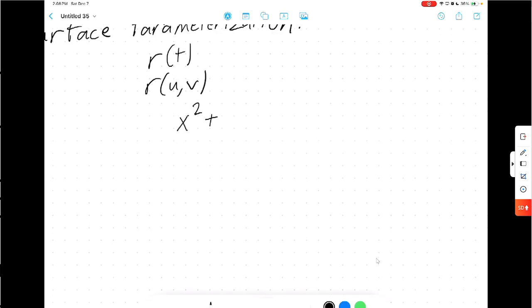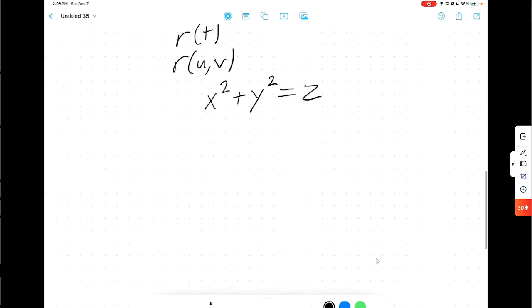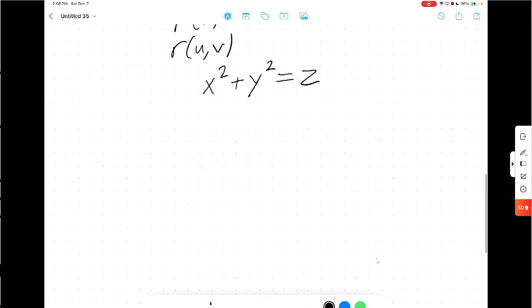Well, for the intuition of how to parameterize it, if I wanted to parameterize the surface x squared plus y squared is equal to z, for example, one thing I could do is just use the fact that x squared plus y squared normally gets easily parameterized with cosine and sine.